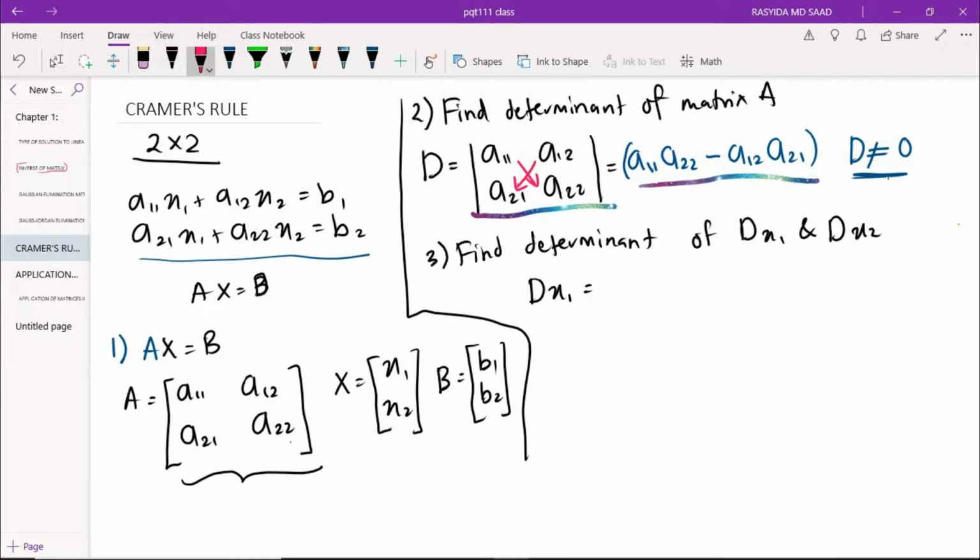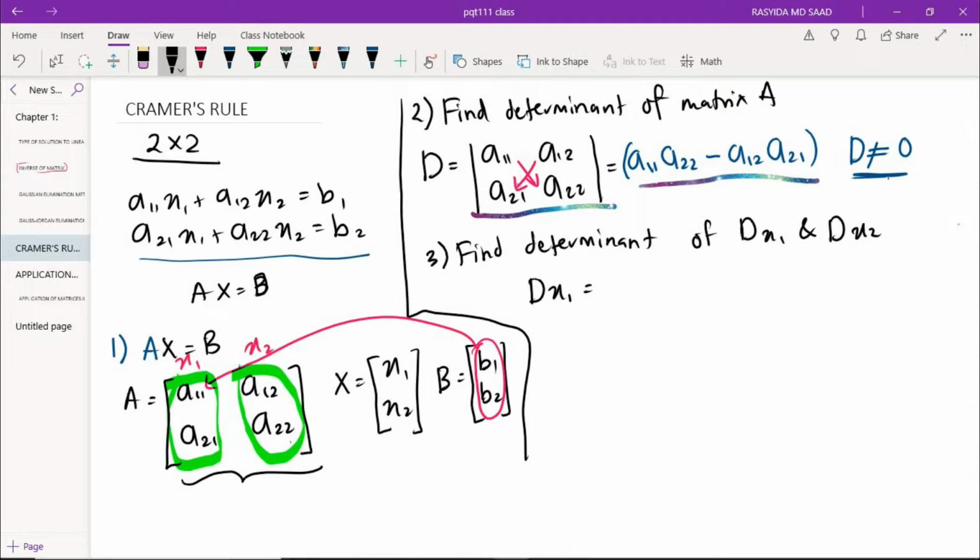You need to substitute the values of matrix B into matrix A. Remember, the first column represents x1 and the second column represents x2.